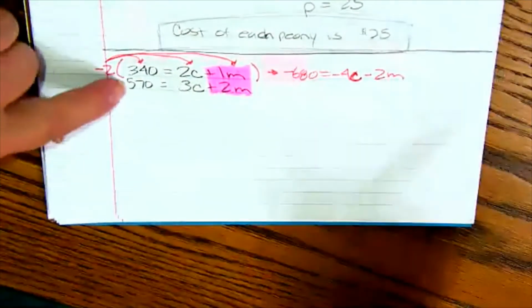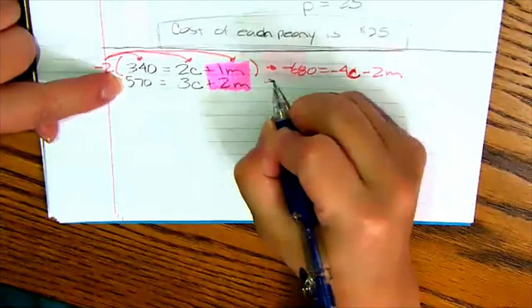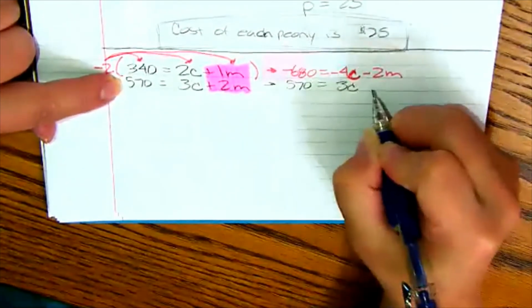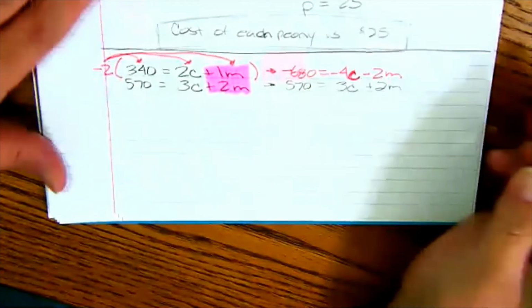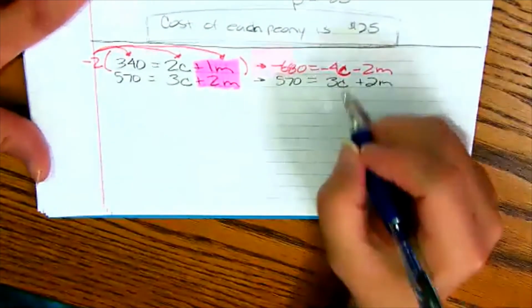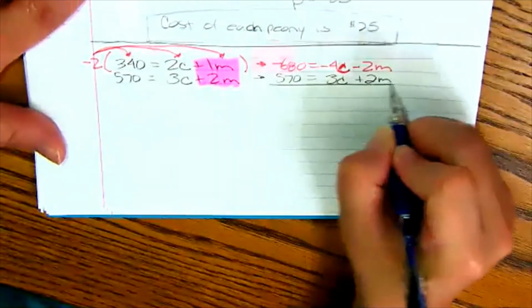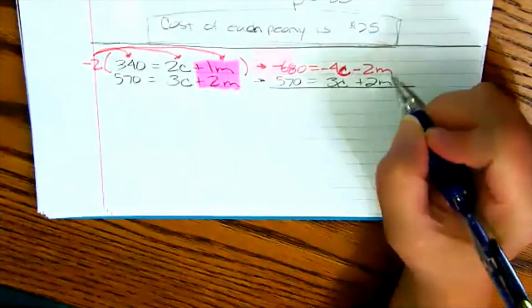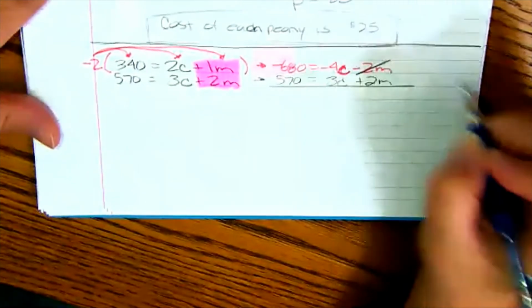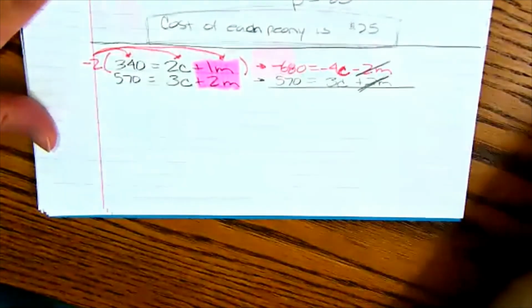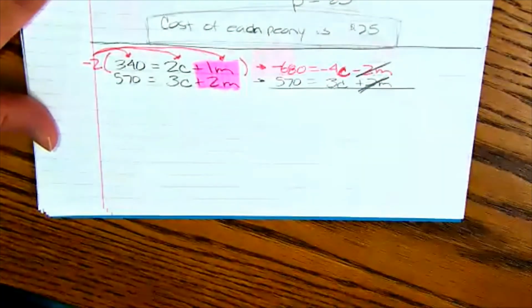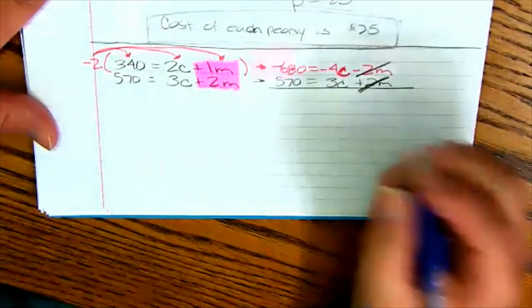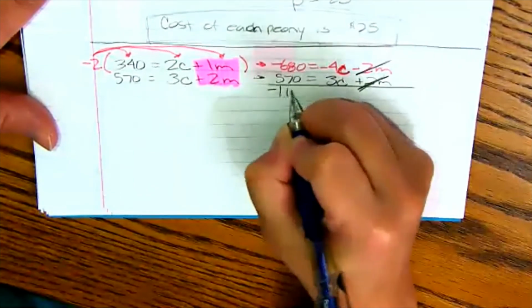Now, we don't need to alter this equation at all. So we've got 570 equals 3c plus 2m. We now have a system of equations where this like term cancels itself. They cancel each other. Negative 2m plus 2m cancel. They are eliminated. So negative 680 plus 570 is negative 110.